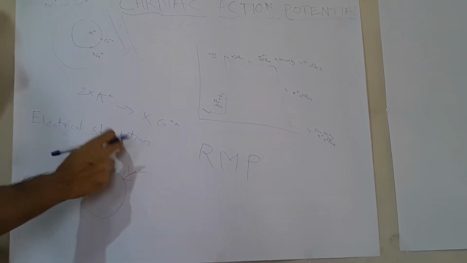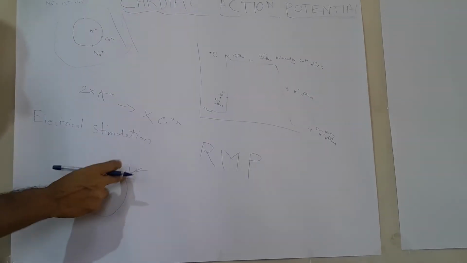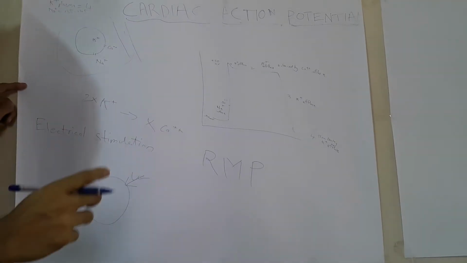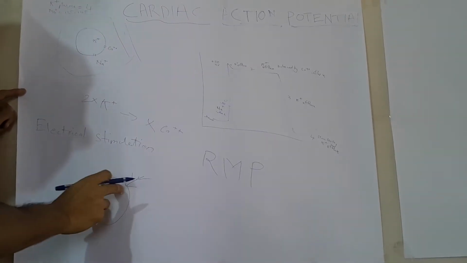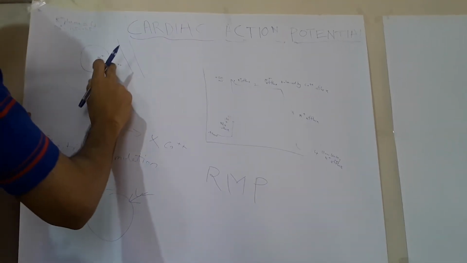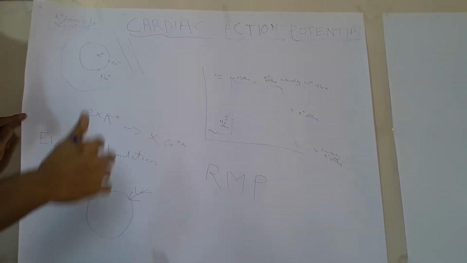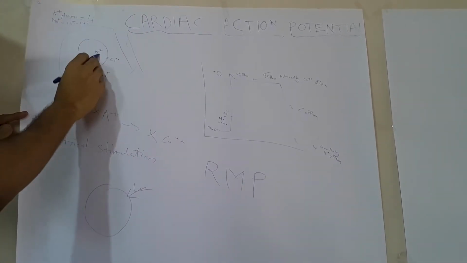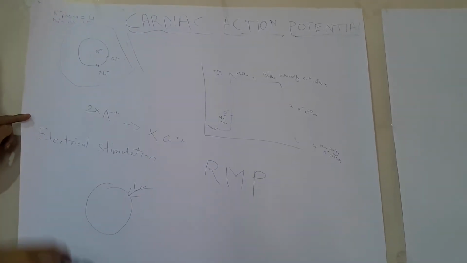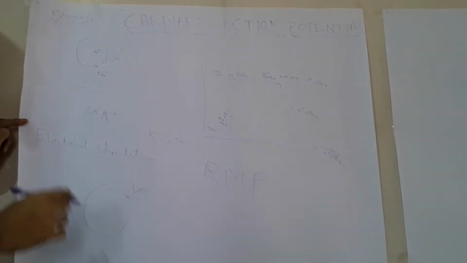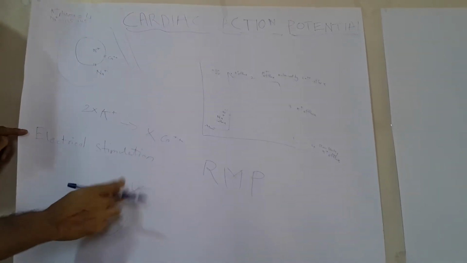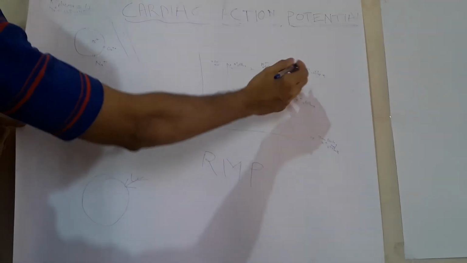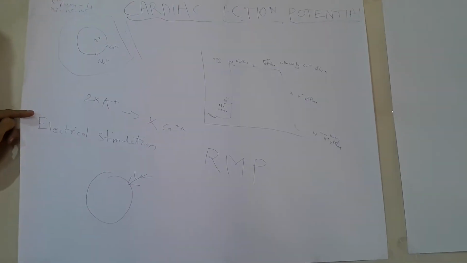If there is no electrical stimulation, these ion channels, potassium, calcium, sodium, will not open. And if these ion channels do not open, the ions will not move, whether inside the cell in case of sodium and calcium, or outside the cell in case of potassium. Electrical stimulation, opening of ion channels, movement of ions, cardiac action potential.